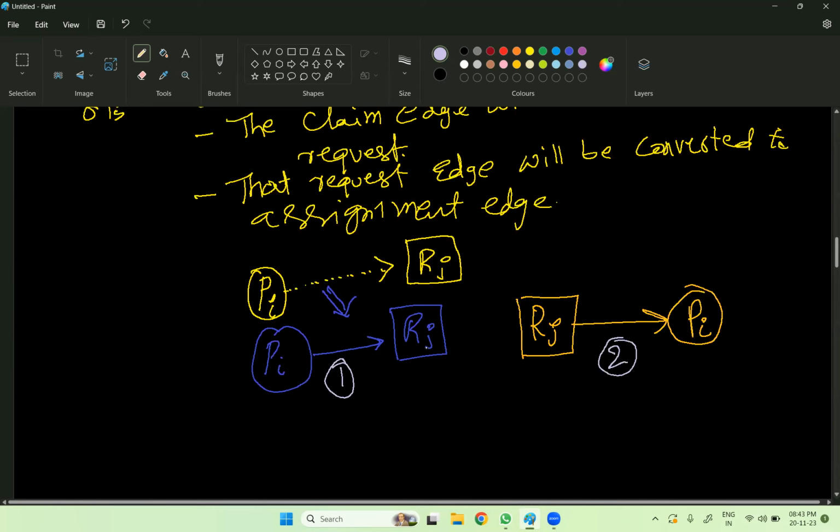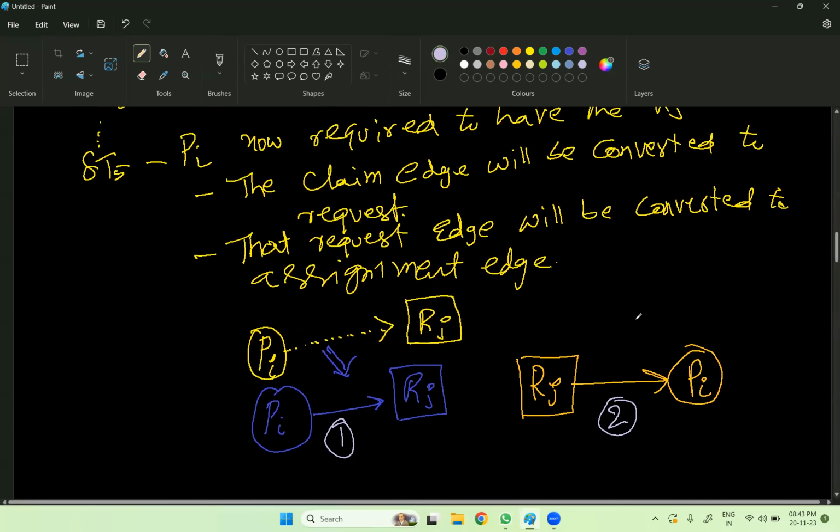The claim edge is converted to a request, and the request is converted into an assignment edge so that your process can continue. This is the extra edge available for you to execute your process in terms of Banker's algorithm or the resource allocation graph.